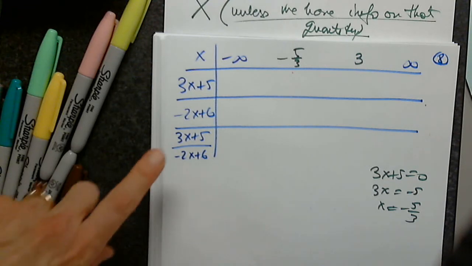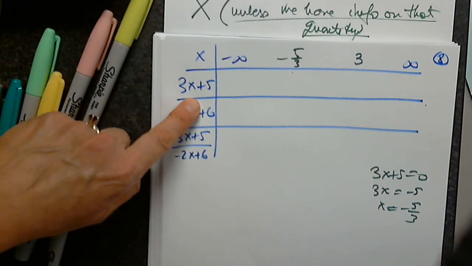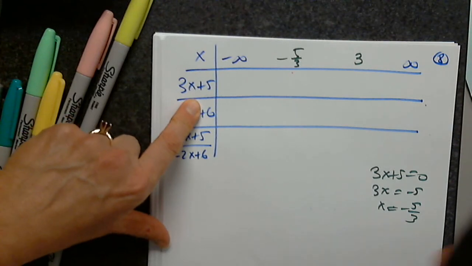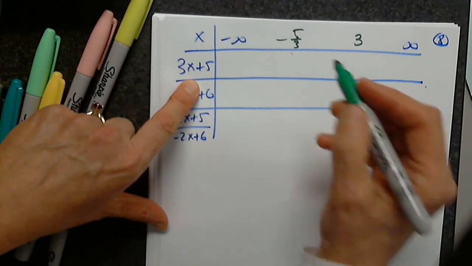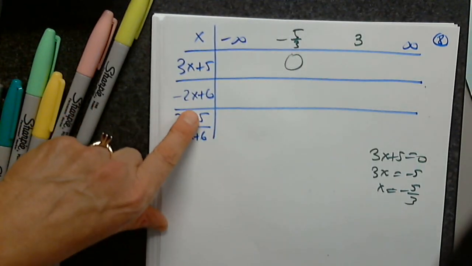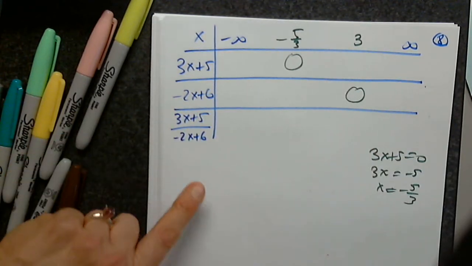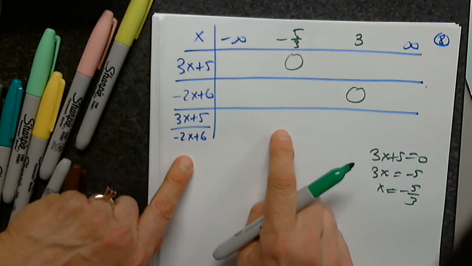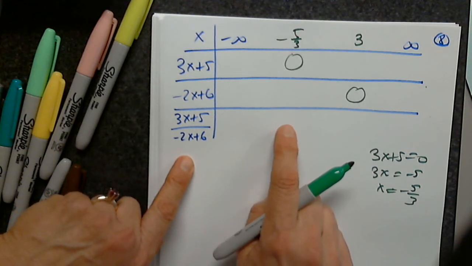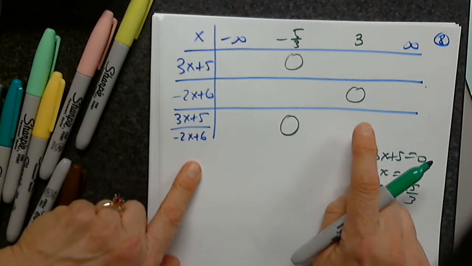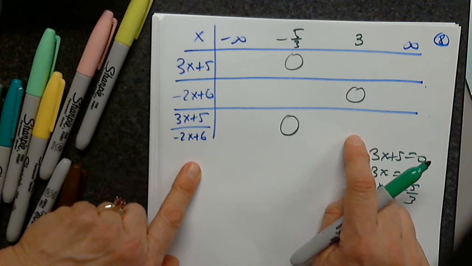Good. So 3x plus 5 has a 0 somewhere. Where? Under negative 5/3. Negative 2x plus 6 has a 0 somewhere. Under 3. What happens to the fraction when x is negative 5/3? Very good. What happens to the fraction when x is 3?